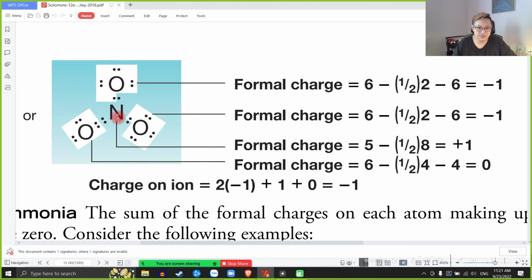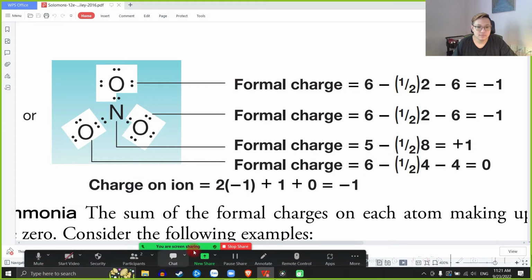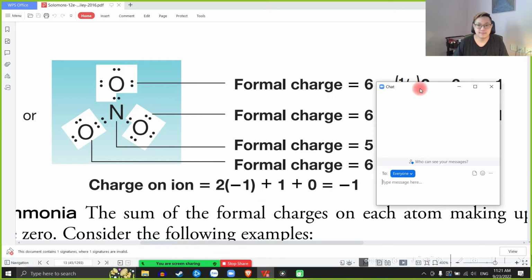How about the nitrogen? So group 5. For the nitrogen, we have 5 minus, it has no lone pairs, right? And then half of 0.